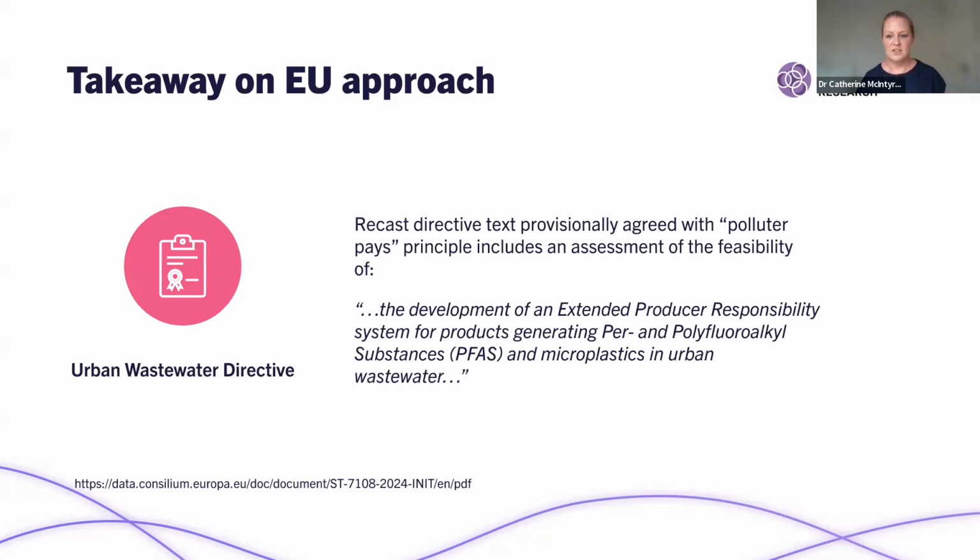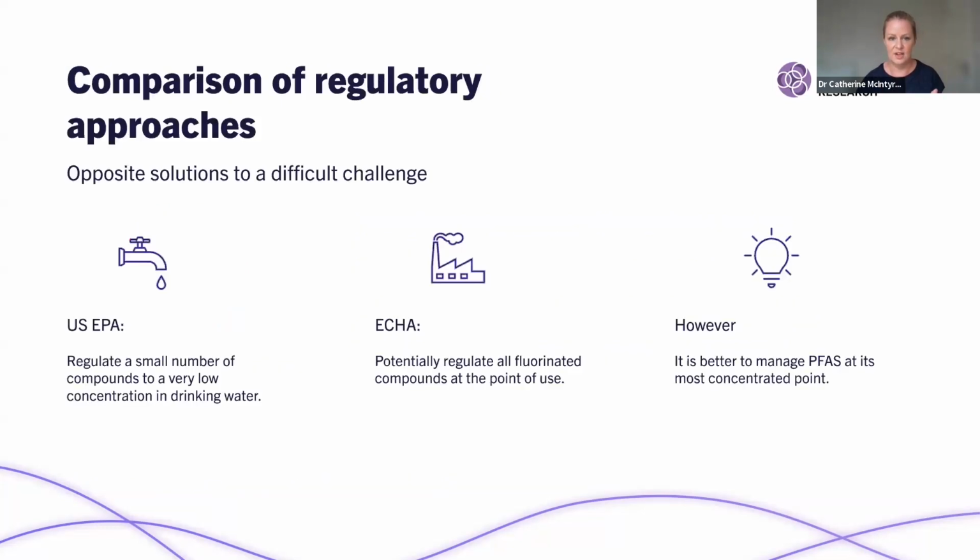So look, regulation is coming, it's moving quickly. There's a recognition now that PFAS are toxic compounds that need to be dealt with. And the EU has taken a drastically different approach to the US. To compare those, they're opposite solutions to a very difficult challenge.